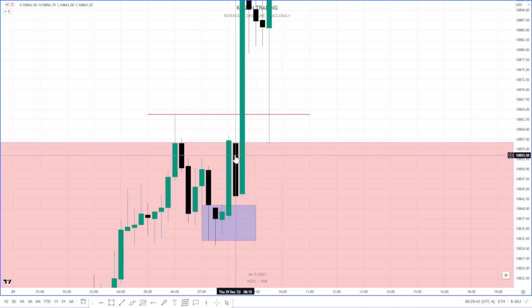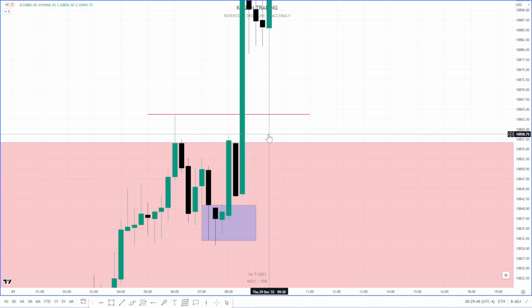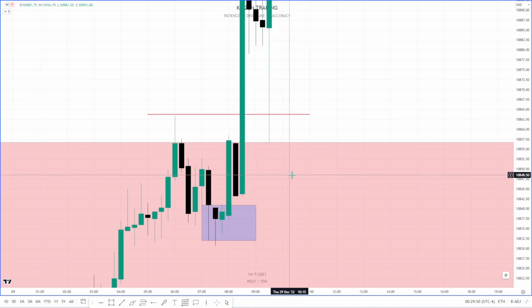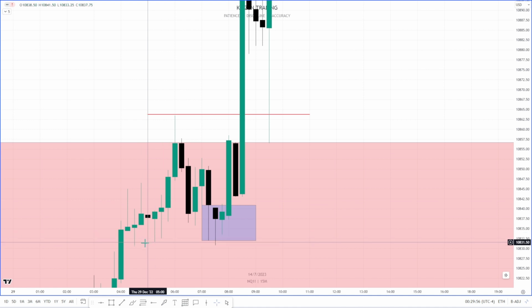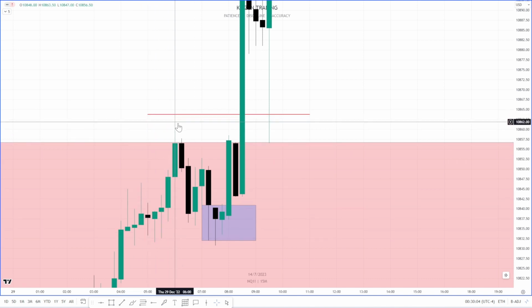But we're going to take a look at the values of this candle right here and this candle right here. So there's a couple different entries you could use. So you have a swing low, swing high, swing low, higher swing high.